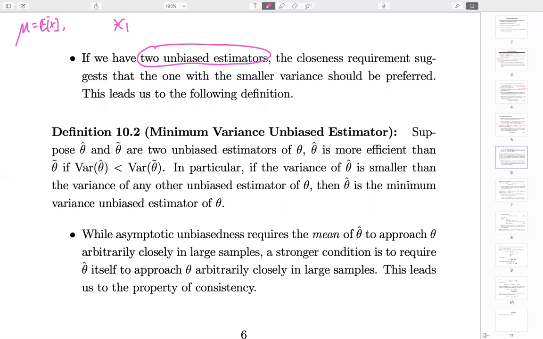Because when we do sampling, we always assume IID. So no matter what student you pick, we assume his or her age is an IID copy of X, meaning the expectation of X1 equals mu. So in theory, this is an unbiased estimator.